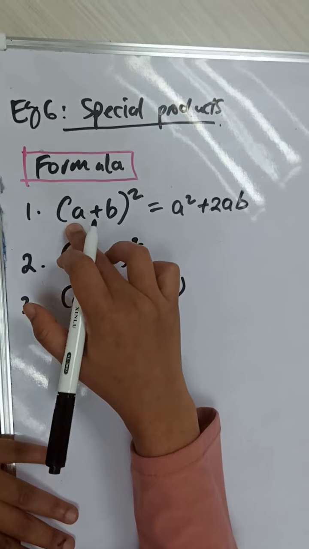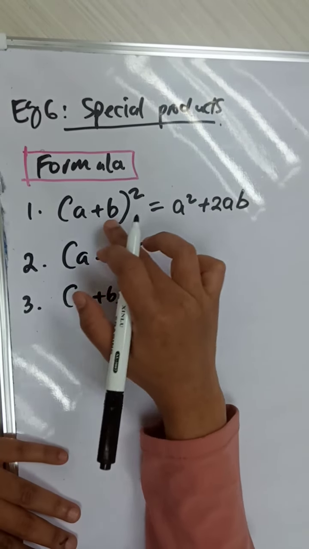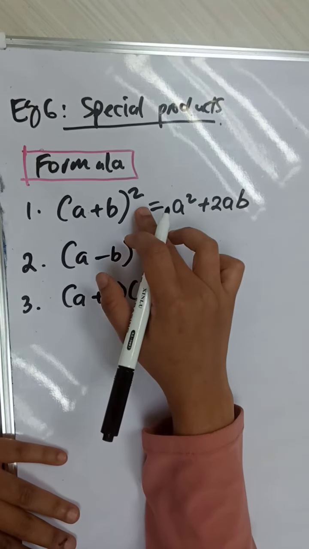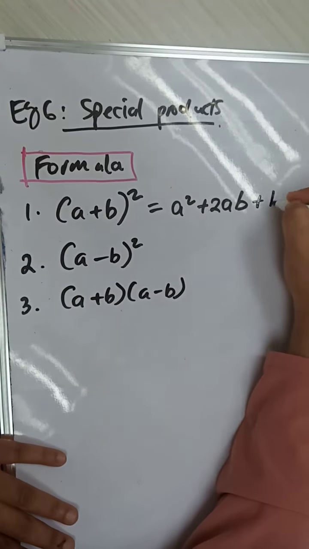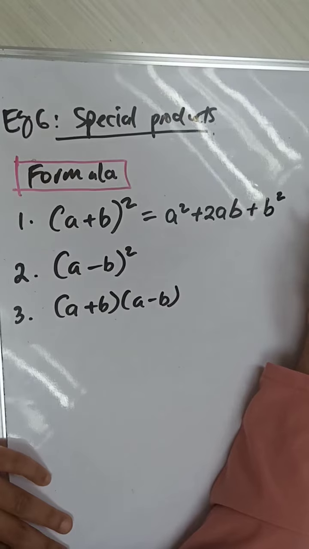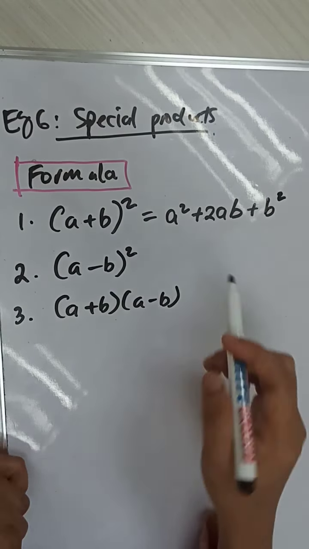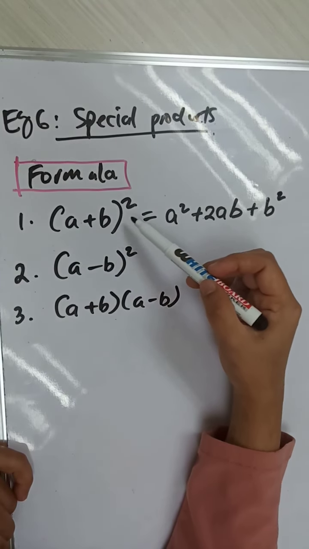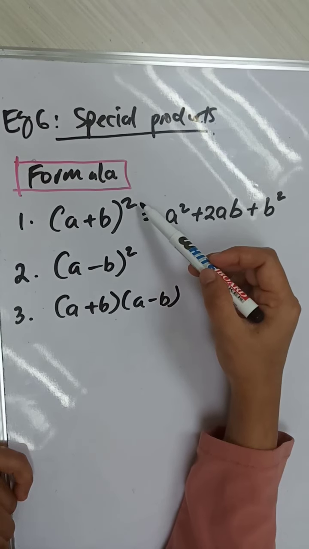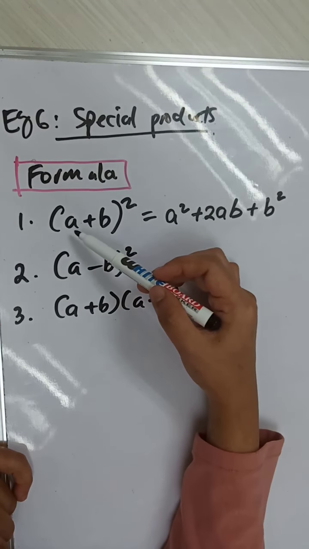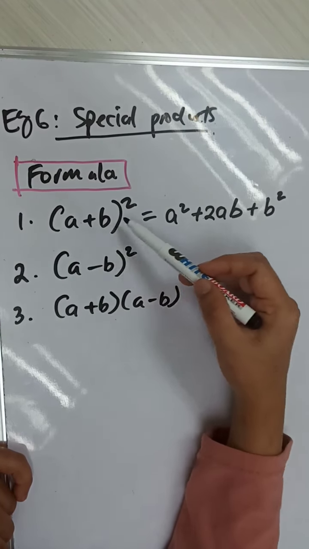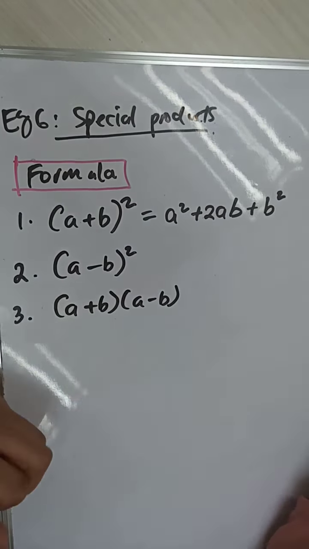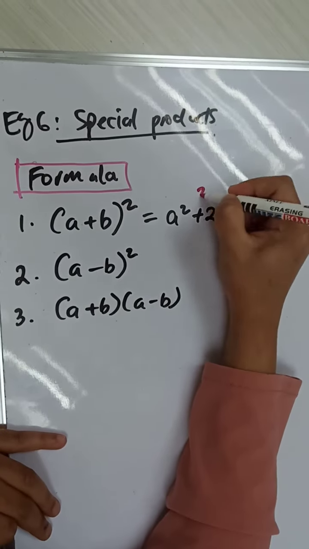First we square a, and then we multiply all, including unknown, and then the third one you have to square b, so b square. This is how I expand the expression when we see in bracket a plus b square. First it involves 3 steps.